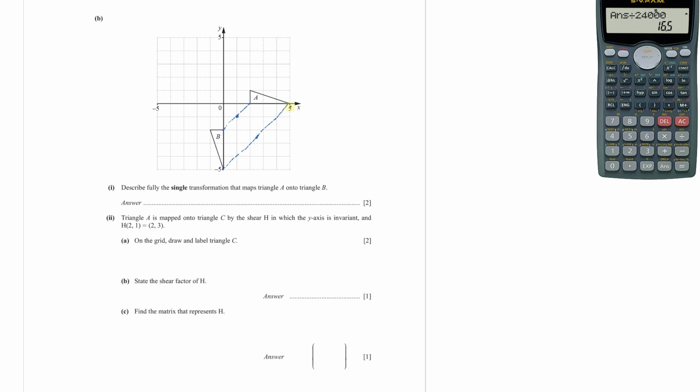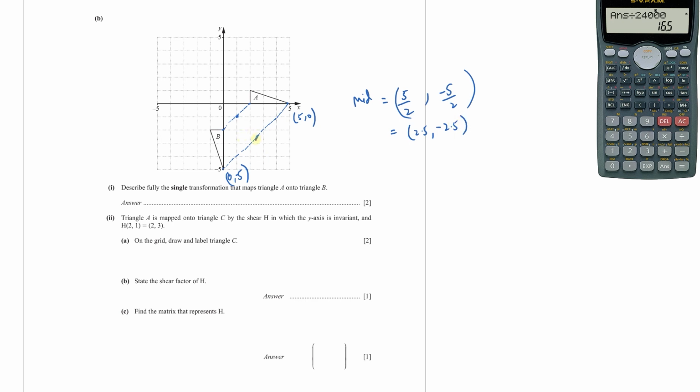This point is (5, 0) and this point is (0, -5). For the midpoint, add the x coordinates and divide by 2: 5 plus 0 divided by 2 is 5 by 2. Add the y coordinates and divide by 2, and you get minus 5 by 2. So the midpoint is (2.5, -2.5).